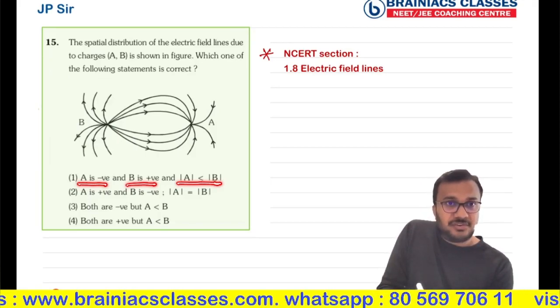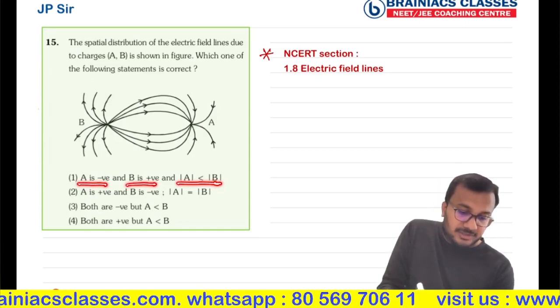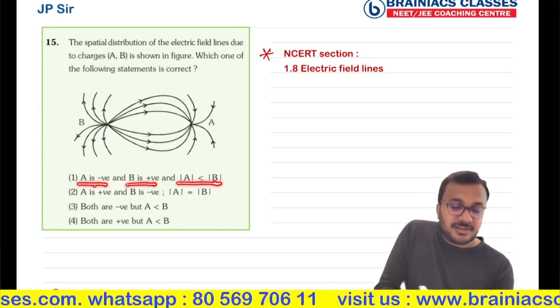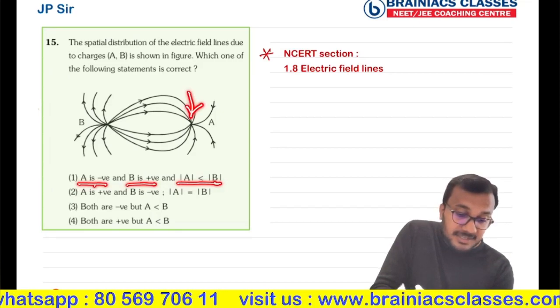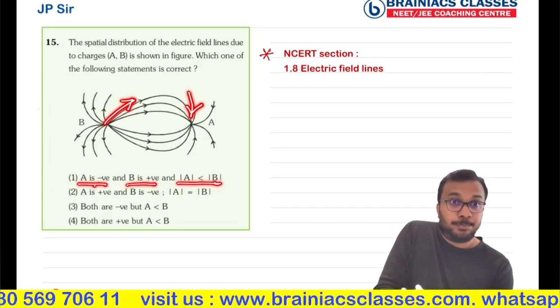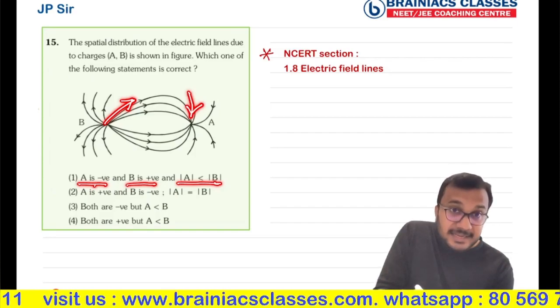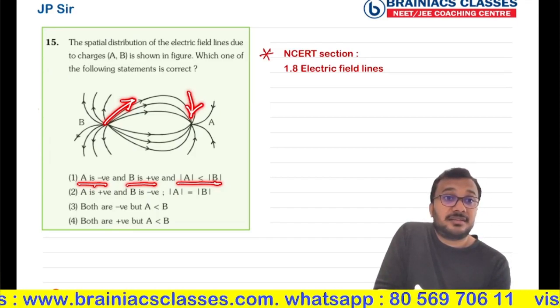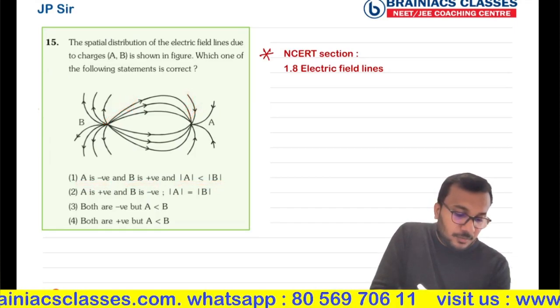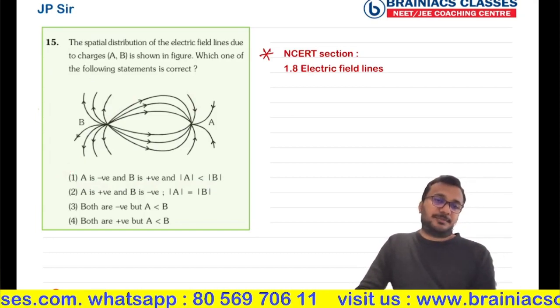B is positive because field lines are going out. A is negative because field lines are coming inside. So B is positive, A is negative, and B's magnitude is greater than A's. So option number 1 is the correct answer for this problem.